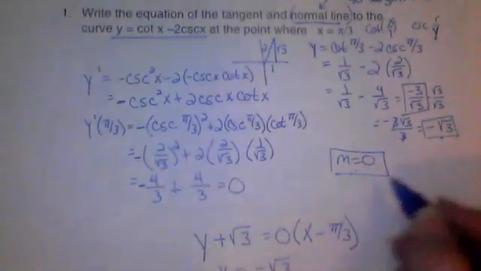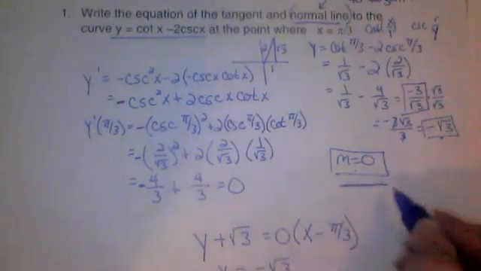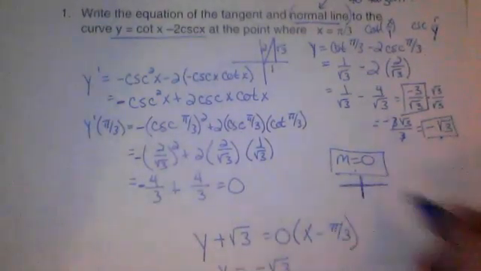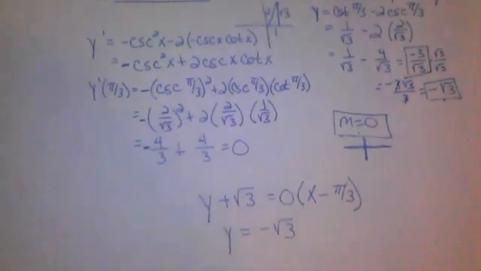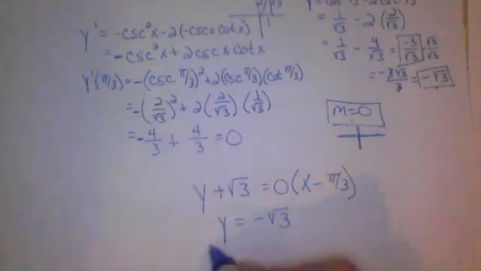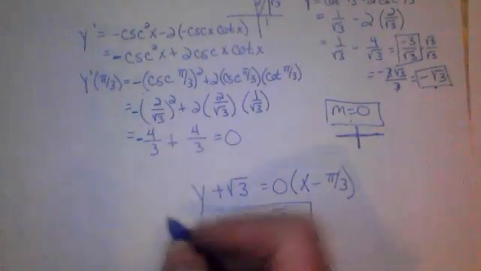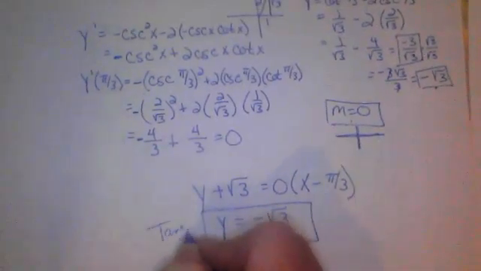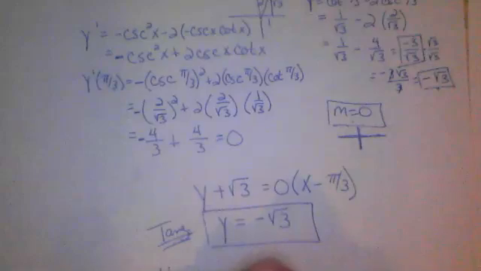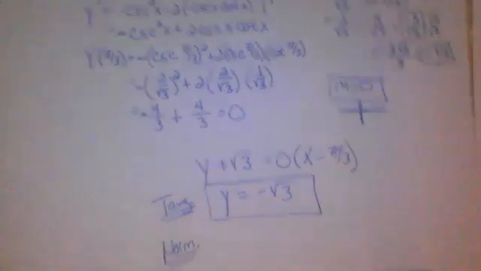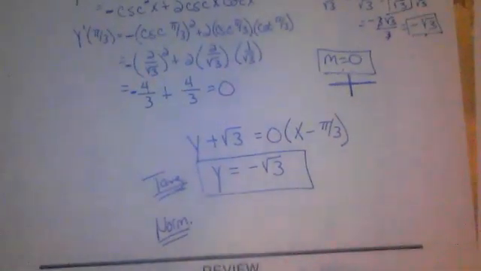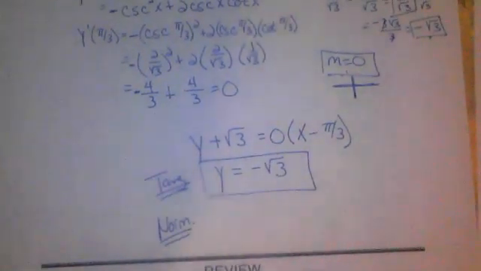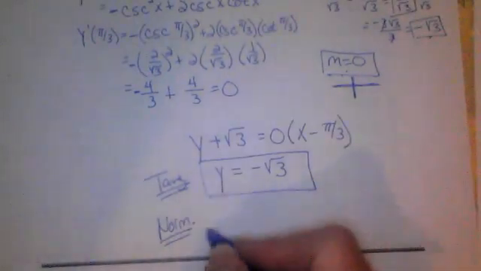And so 0 slope is a horizontal line, which means that the perpendicular line is a vertical line where the slope is not defined. So if this is our tangent line equation, then our normal line equation would have an undefined slope. So the undefined slope would just be the x value at that point, just going vertically.